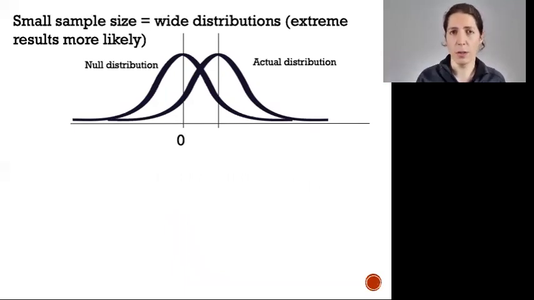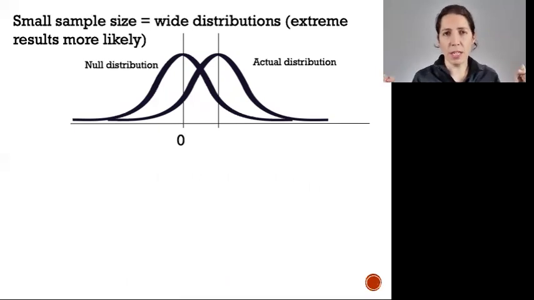This is where our study results are actually coming from. But we're going to be comparing our actual study results to the null distribution to see if we can reject the null. So we want the result we get from our actual distribution to be as far away as possible from zero. When our distributions are wide, then a lot of the results we'll get from our actual distribution will overlap quite a bit with the null distribution.